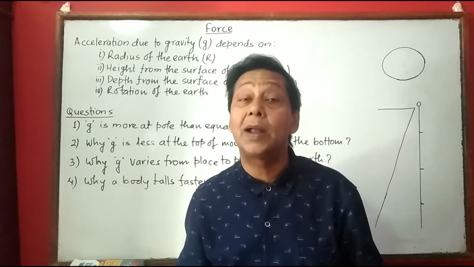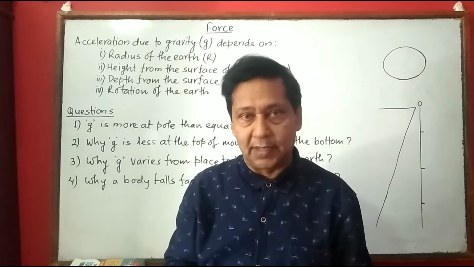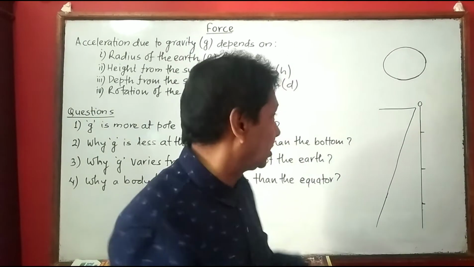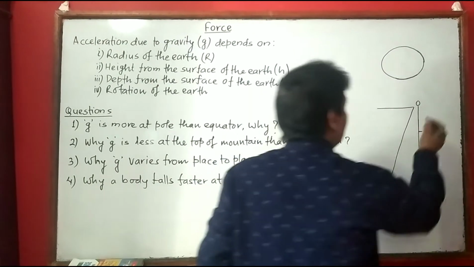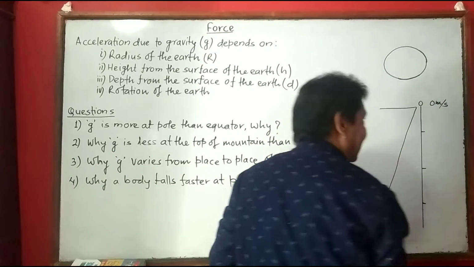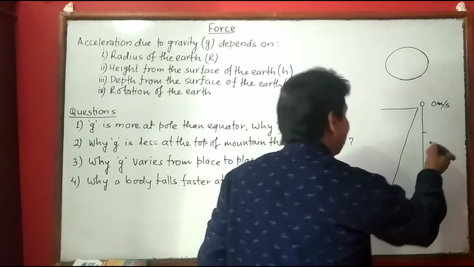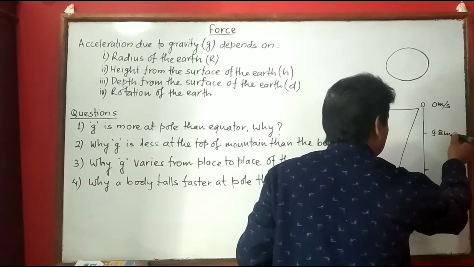Now let's talk about what acceleration due to gravity is. When a body is dropped from a certain height, its velocity goes on increasing every second. First its velocity is 0 meters per second when it was in our hand. At the end of 1 second, its velocity is found to be 9.8 meters per second.